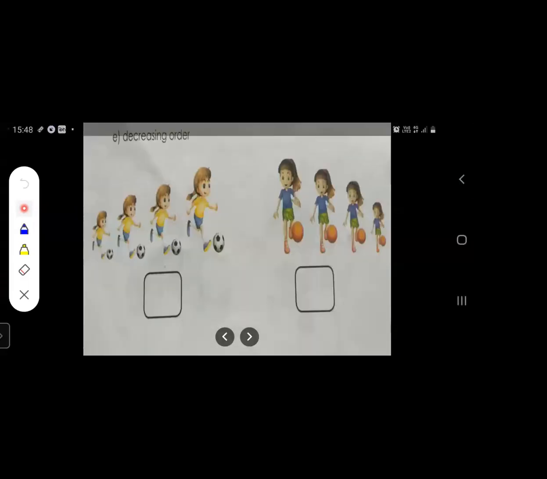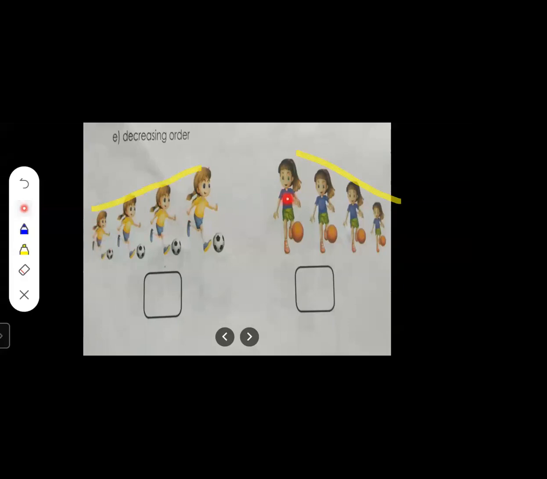Now the next one, what is given? Decreasing order. So we have to tick for the decreasing order. So you can see over here, some girls are playing football in the picture, right? So tell me which is the decreasing order? This one or this one? So see, small to big.